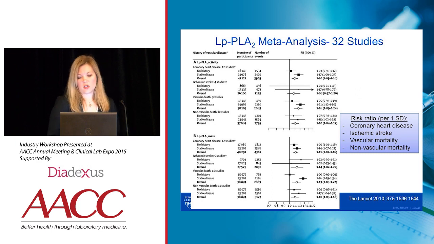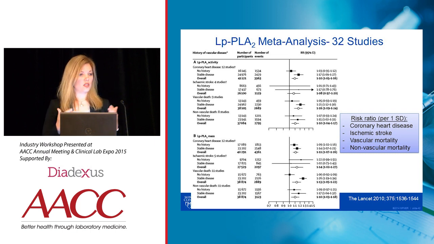What you can see is that the risk ratio, again, this is per one standard deviation increase in either concentration or activity, the risk prediction of both assays is actually fairly similar to each other. That's important for proving the utility of this marker, but it can cause confusion for physicians and laboratorians to decide which assay to use, and I'll get into what we think.